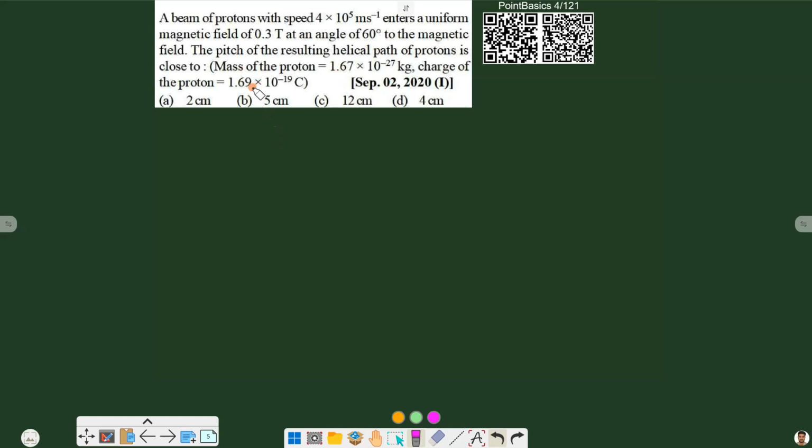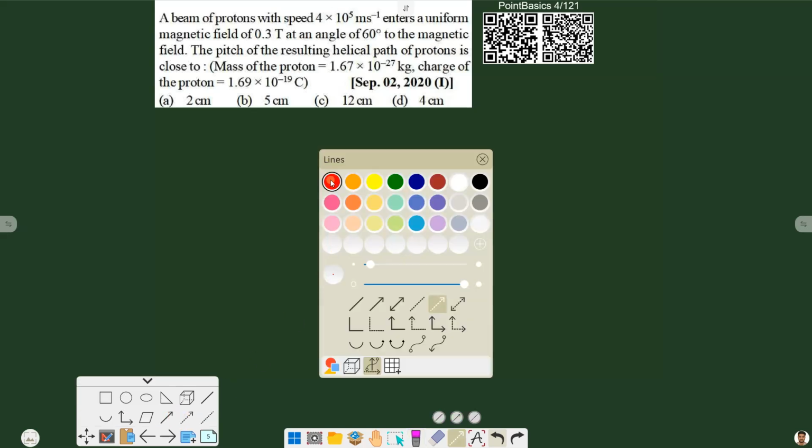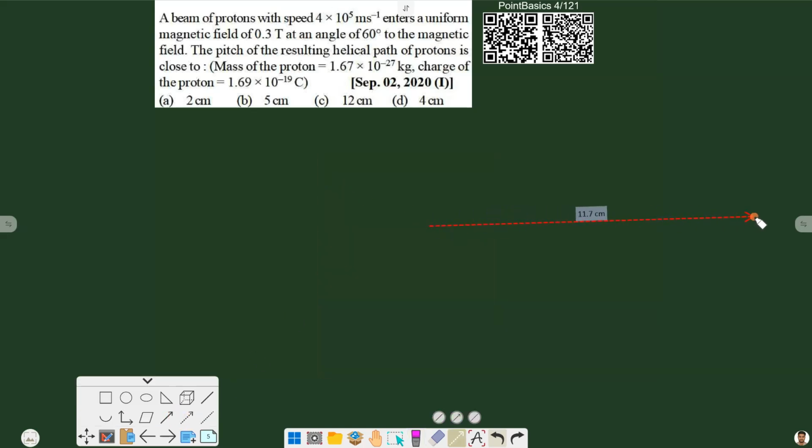We have two components of velocity. Suppose this is the direction of the magnetic field. Let me draw. Suppose this is the magnetic field in the x direction, assuming.